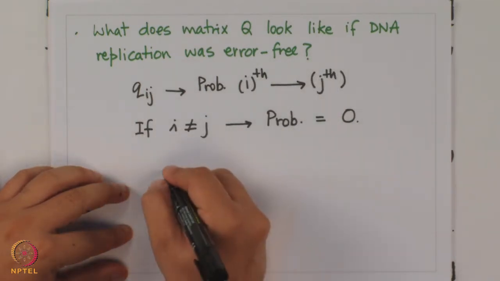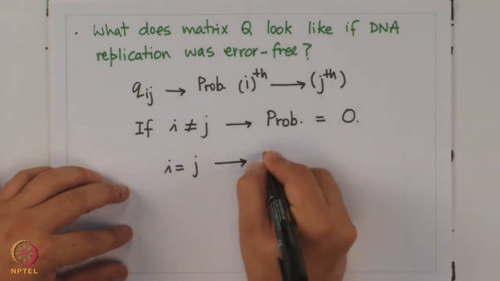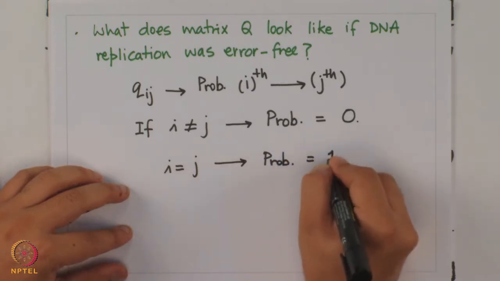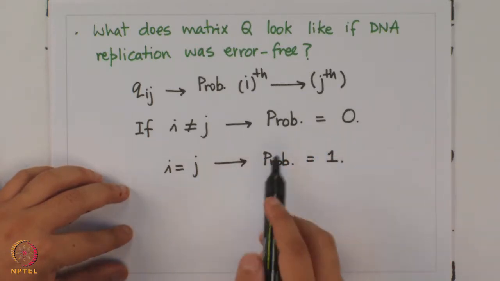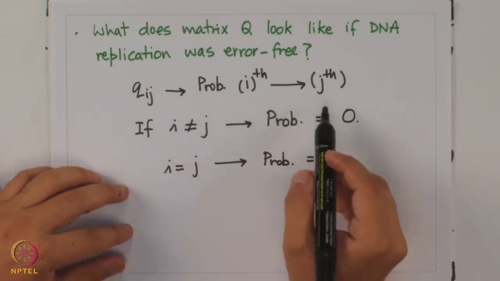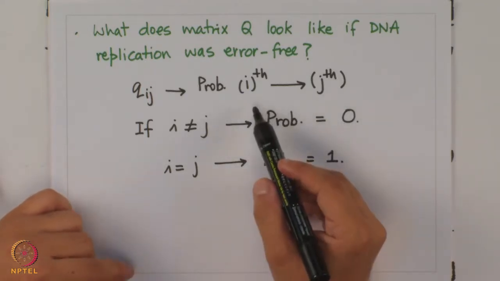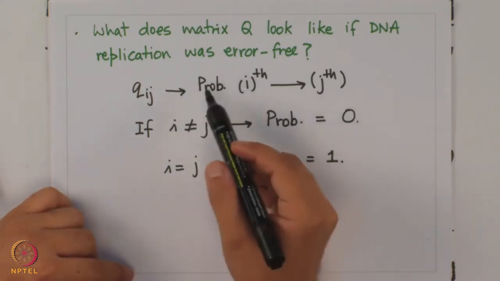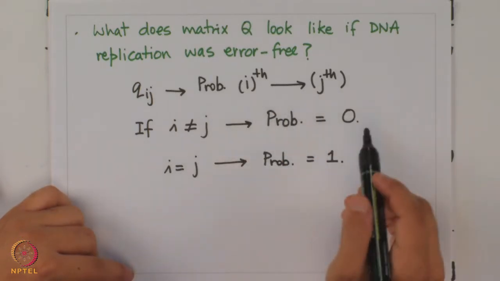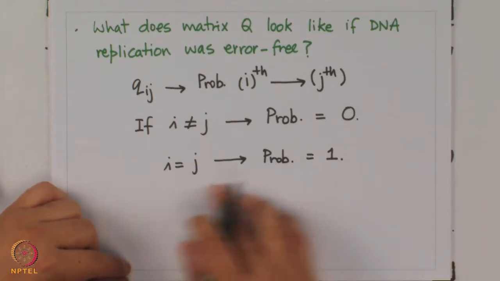On the other hand, if i is equal to j, the probability of this event happening is equal to 1, because every time a genome replicates, the progeny is passed the exact same genotype as was there in the parent, because DNA replication is error free.